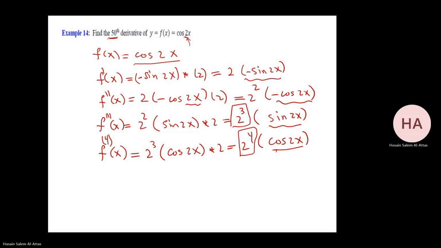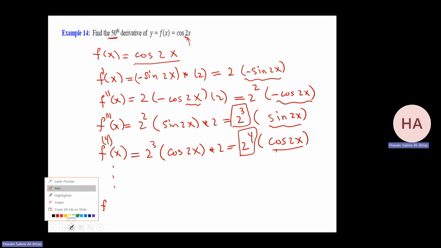Now, if I want to think about the nth derivative, let me say you want the 50th derivative. Before that, let me think about what's going on. I have two things: I have the number, and I have the function.